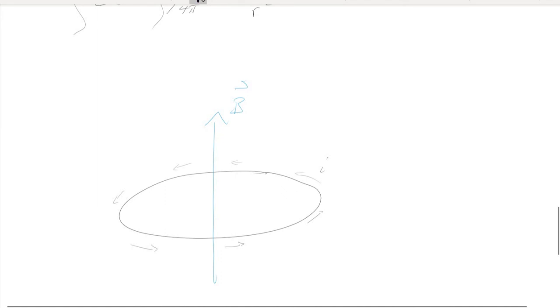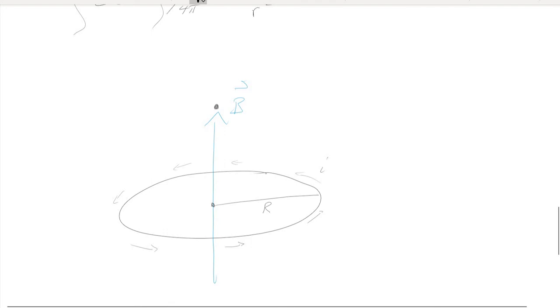And so I would like to know what is the magnitude of the magnetic field at that location. We'll assume that the wire is in a circle, which has radius of big R.